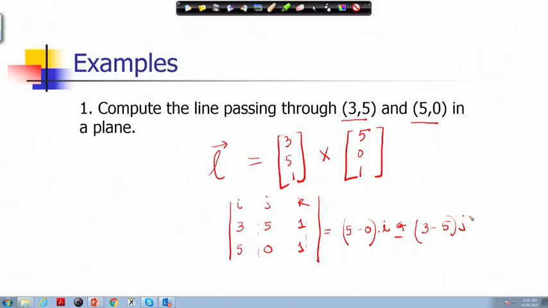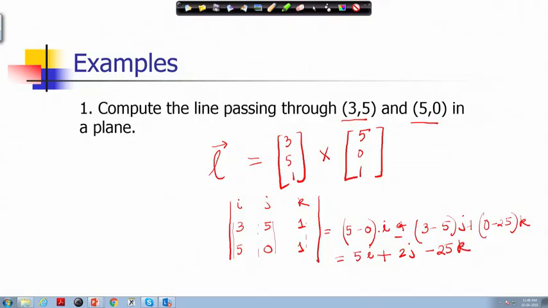Then you consider this part of the subdeterminant for the k component, and you take the determinant, which is 0 minus 25 k. So, this should be 5 i plus 2 j minus 25 k.